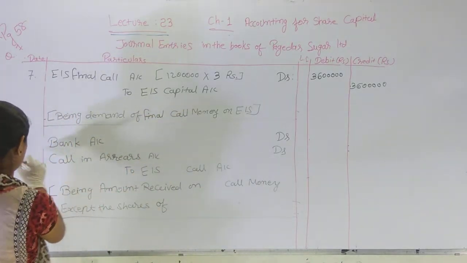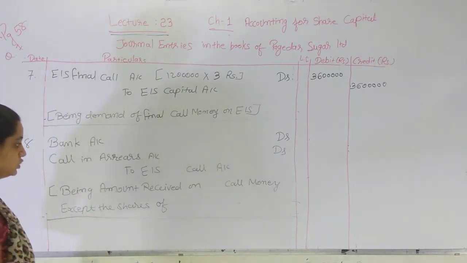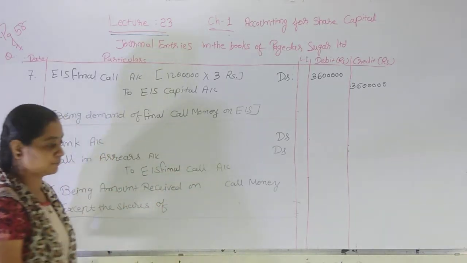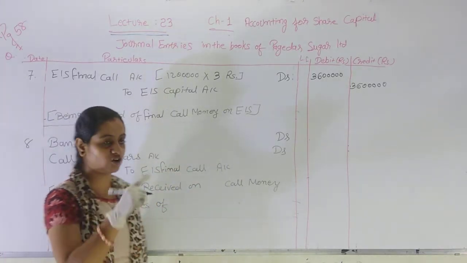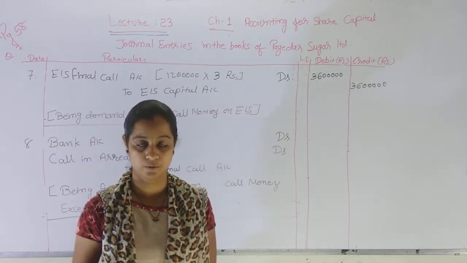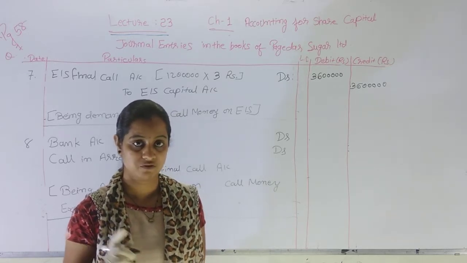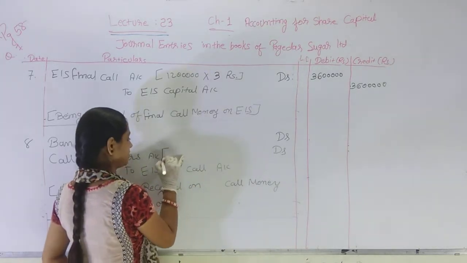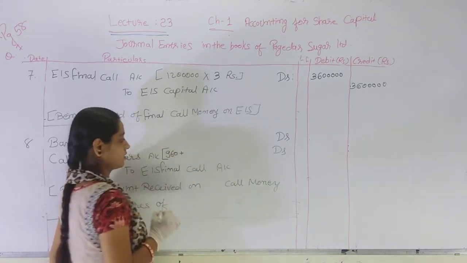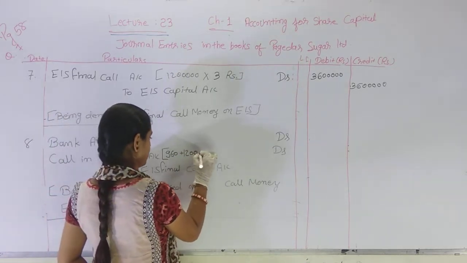So in second, that means 8th entry, bank account debit, call in arrears account debit to equity share final call. Right here, see in your final call we have made 2 tick mark. That means 2 have not paid the amount. First one is Aishwarya and second one is Vinay, right? Aishwarya is having 960 share and Vinay is having 1200 share, right?